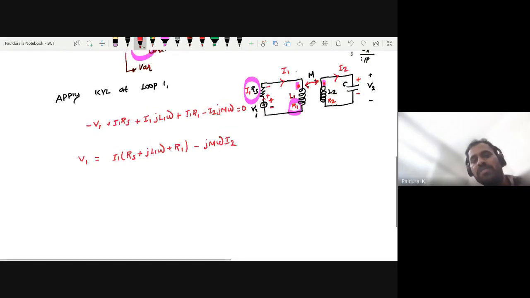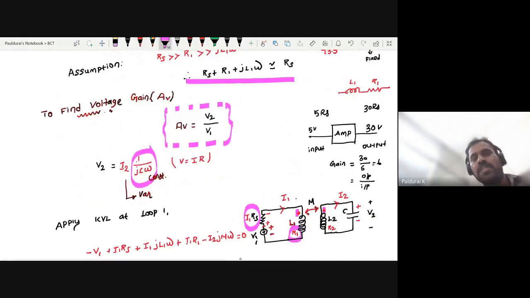But what was our assumption from this? RS plus R1 plus jL1 omega.